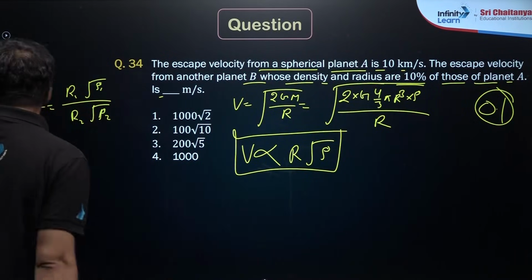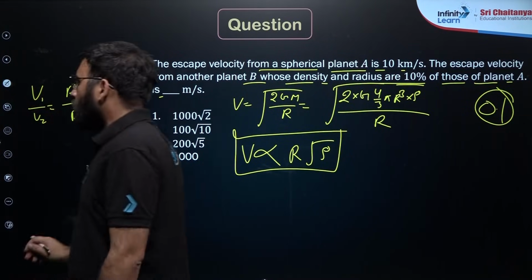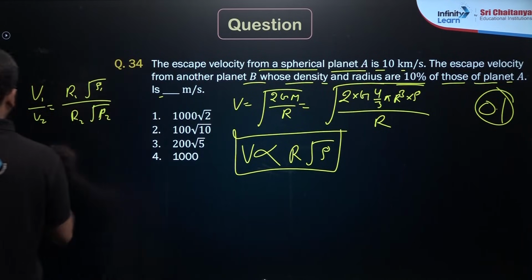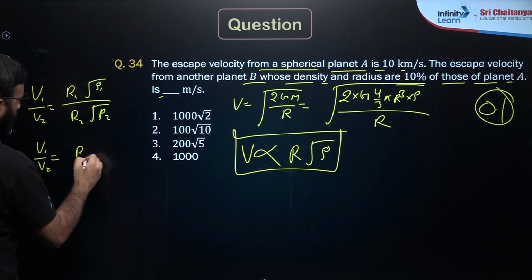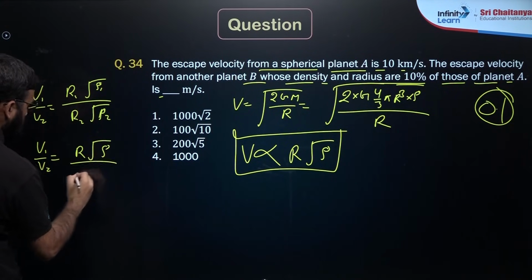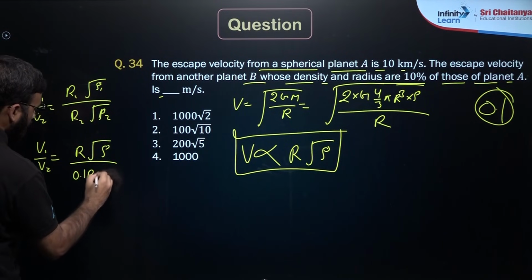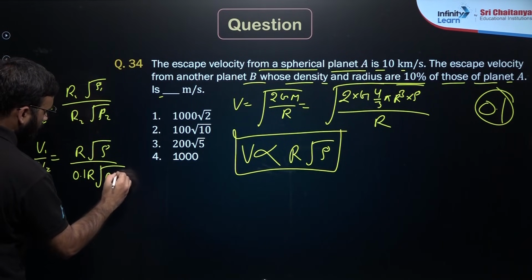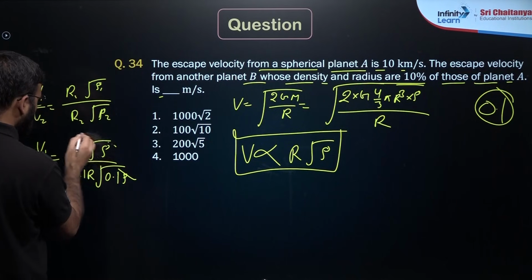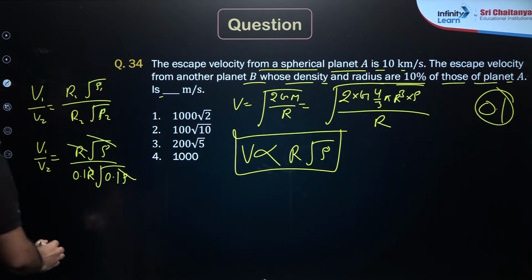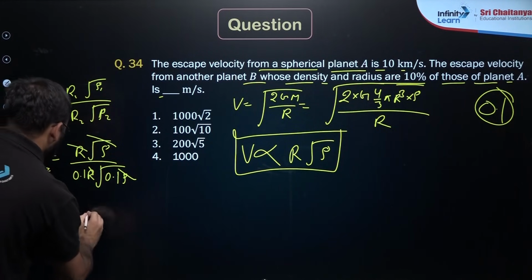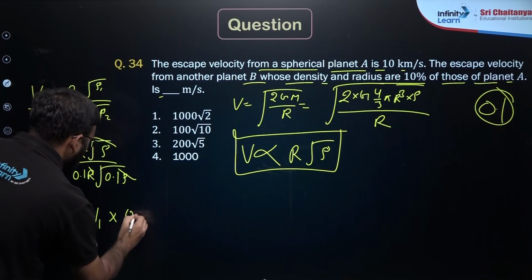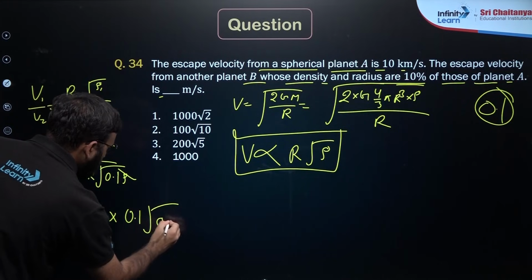So just put 0.1 of this: R and its initial density rho become 0.1 R and square root of 0.1 rho. So rho to rho cancels out, and R to R also cancels out. So V2 equals V1 into 0.1 into root of 0.1.